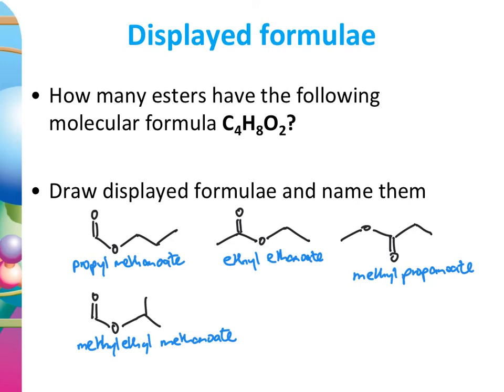So I am just going to draw an example, which isn't to do with this question. We haven't done phenyl groups or benzene rings yet, but we could have something like this.